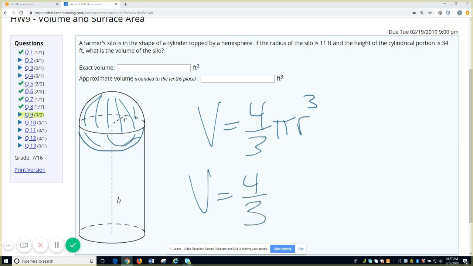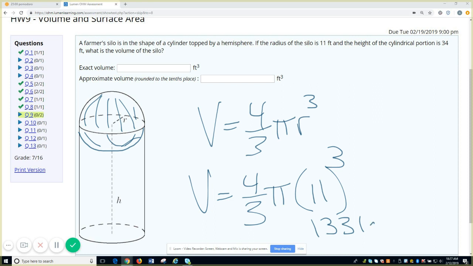The radius of that spherical part is 11, but now we have to cube that. 11 cubed, which means 11 times 11 times 11, is 1,331.